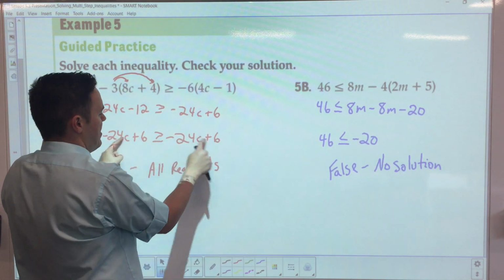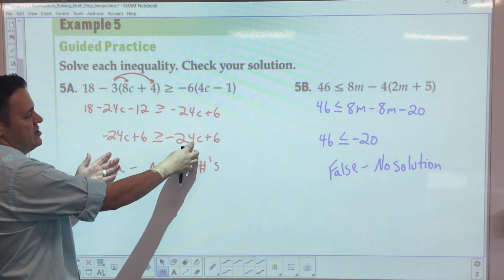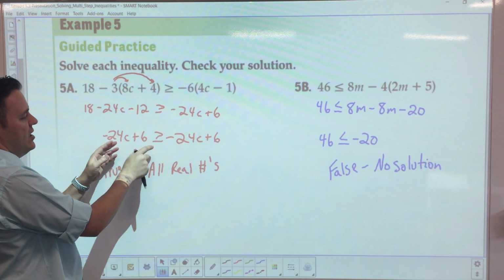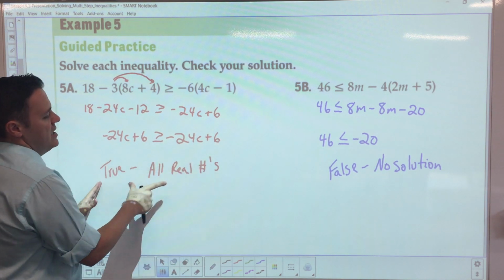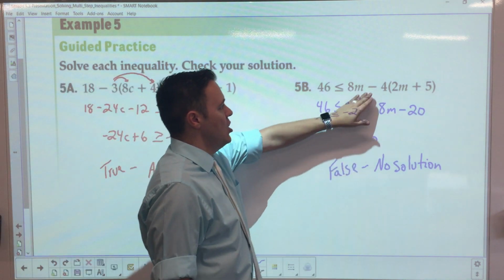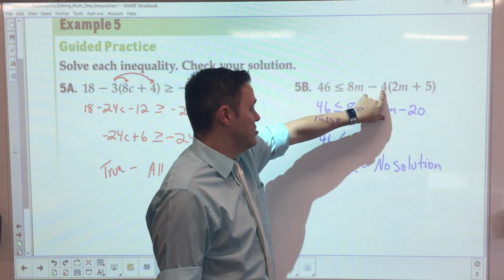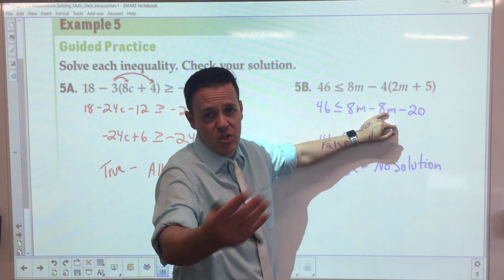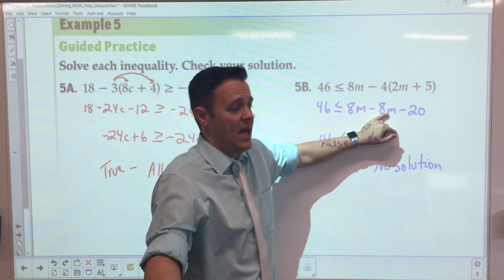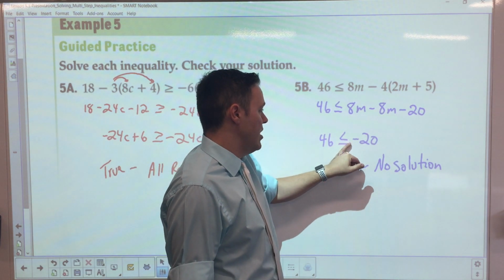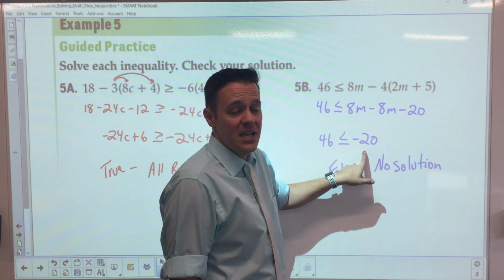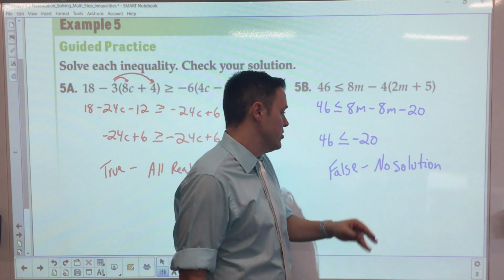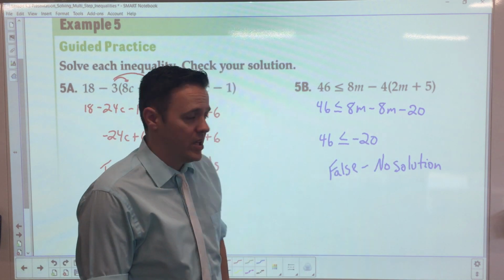This is exactly the same on both sides, so I don't need to subtract 6 or do anything else. If this is the same as this, it's true all real numbers. When I do the multiplication on this, the distribution is 8m minus 8m, so basically the m's cancel out. It'd be 46 is greater than or less than -20. Is that a true statement? No, that is false, so there is no solution related to that.